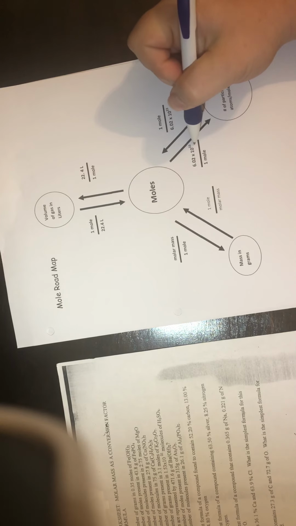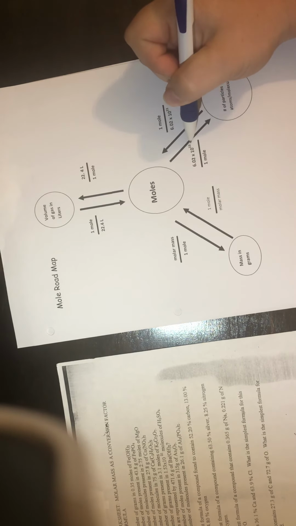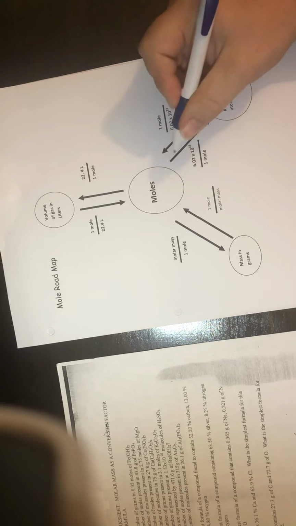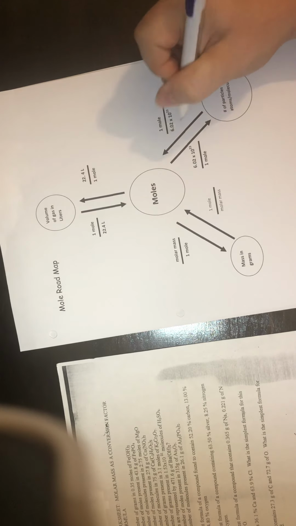The other one that you'll be using on this worksheet will be going from moles to number of particles, and you will be using this 6.022 times 10 to the 23rd, which is your Avogadro's number. Or if you go backwards from number of particles to moles, you'll be using 1 over Avogadro's number.